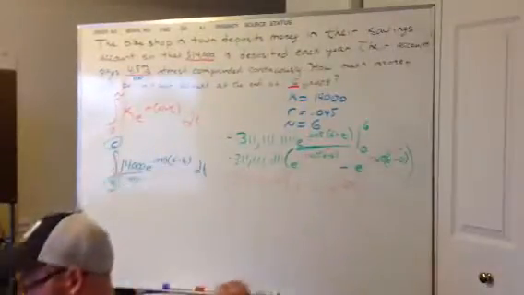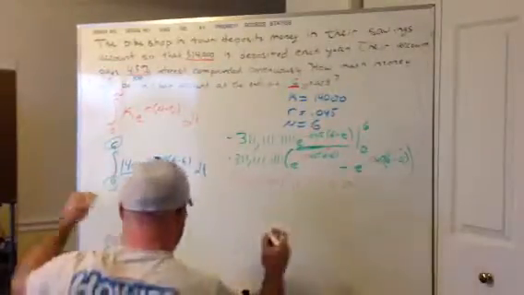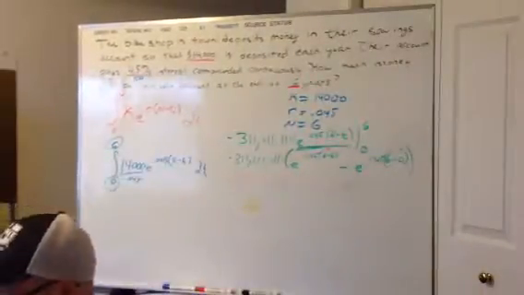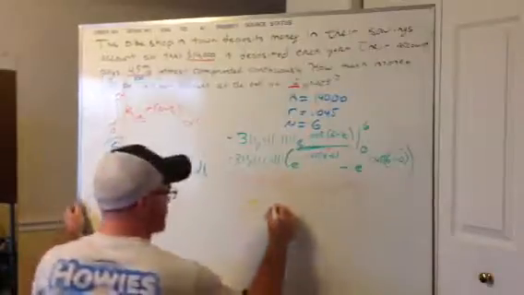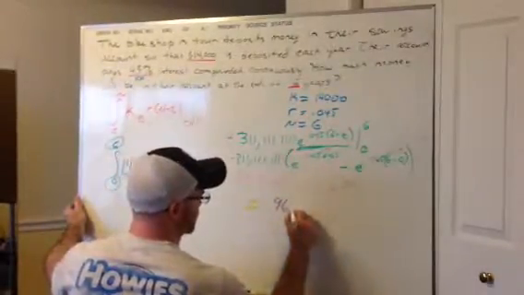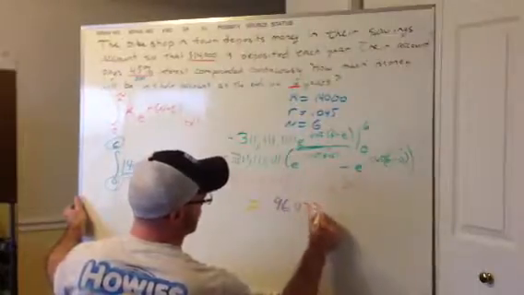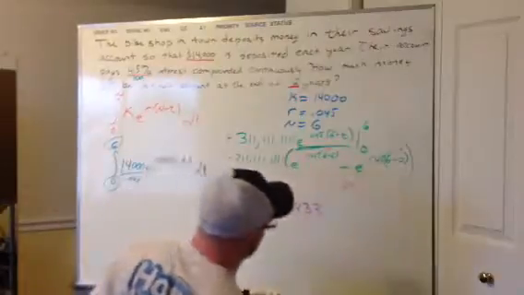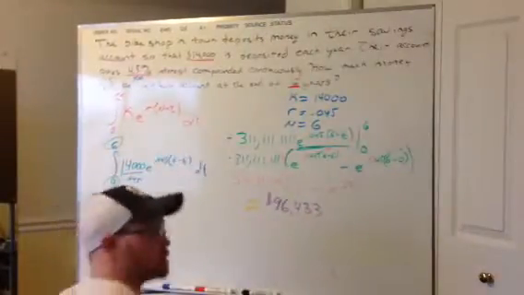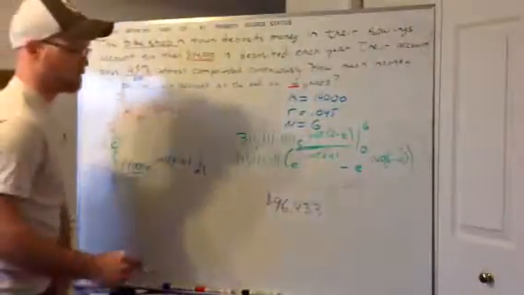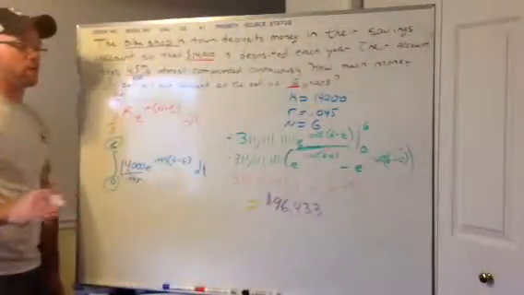Your grand total is about $96,433. That's how much the bike shop will have after 6 years.